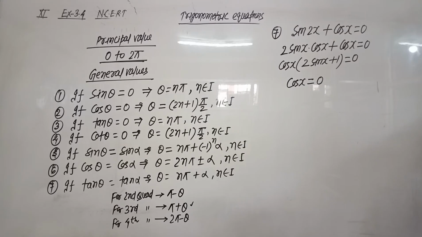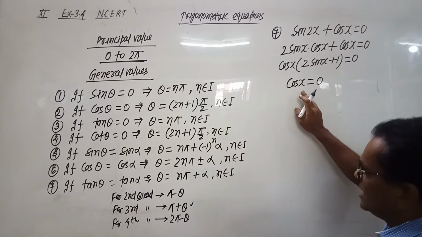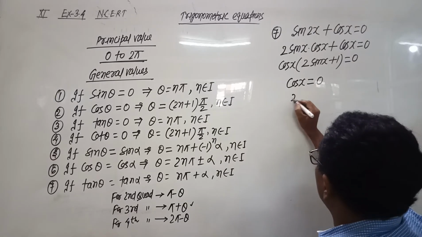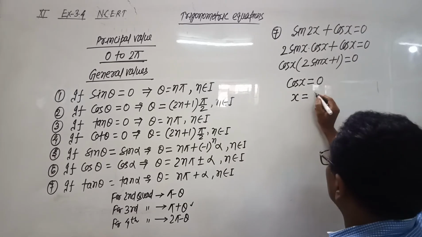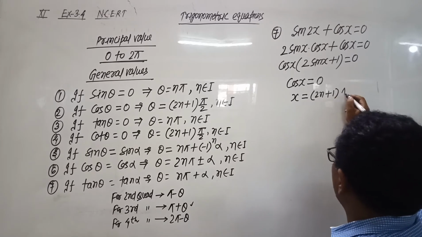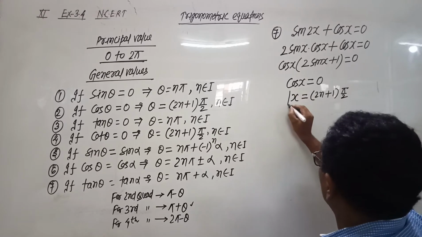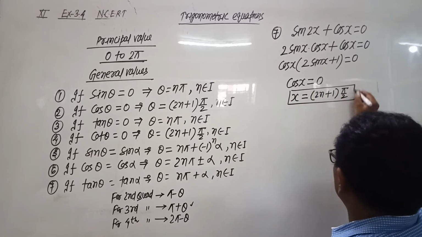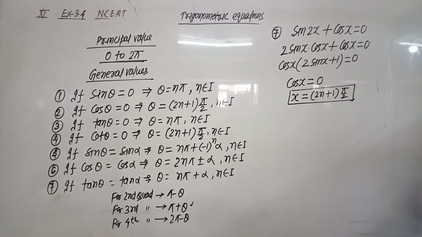If cos theta equals to 0, then theta equals to (2n plus 1) pi by 2. At the place of theta there is x. So we write the general value x equals to (2n plus 1) pi by 2. This is the first general solution when cos x equals to 0.